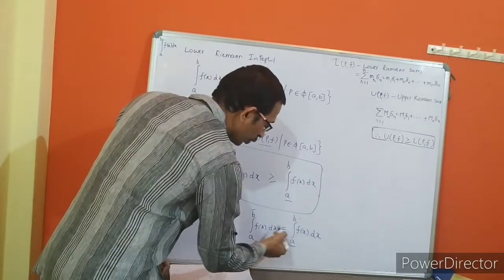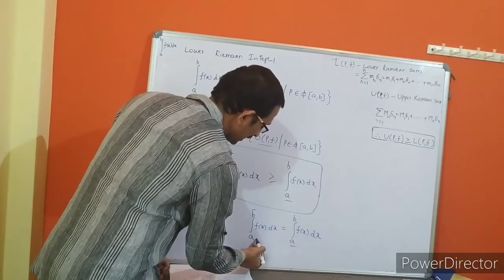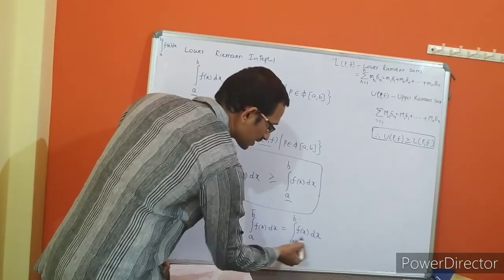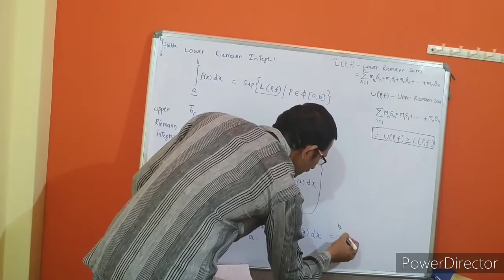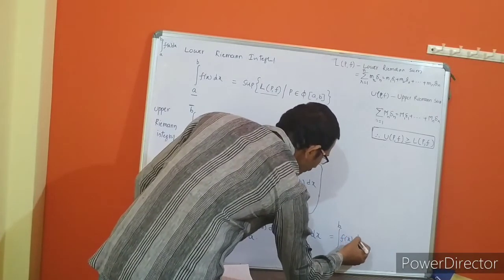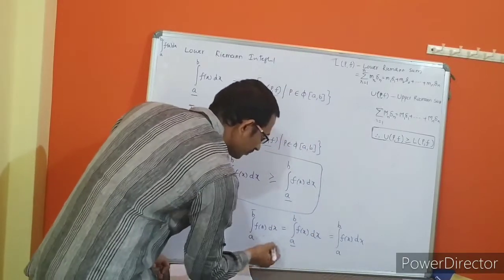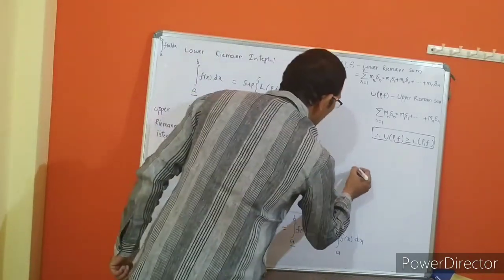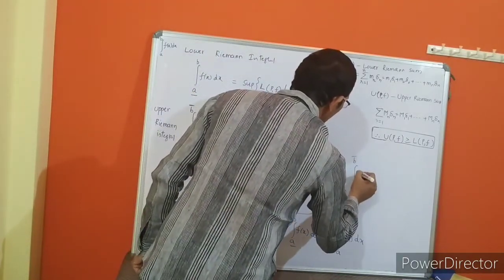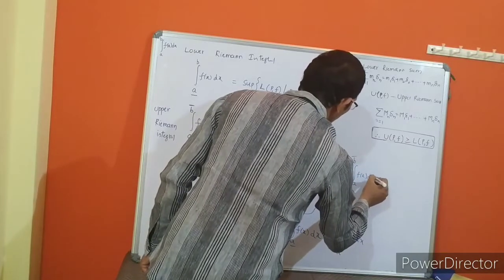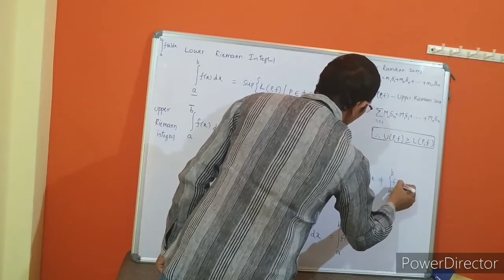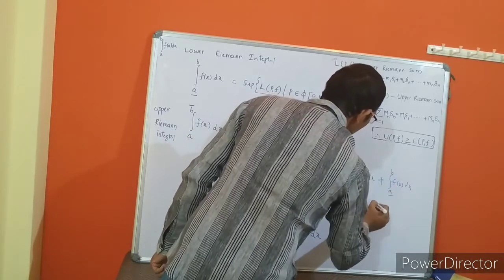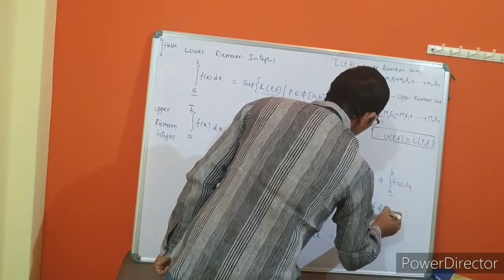In this case, both the integrals, the upper Riemann integral and the lower Riemann integral, are the same, and that is nothing but our integral a to b f of x dx. If they are not the same, that is, the upper Riemann integral and lower Riemann integral are not equal, then we say that f is not Riemann integrable.